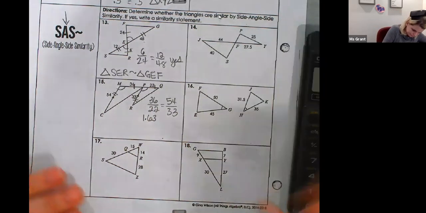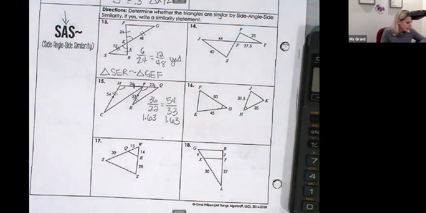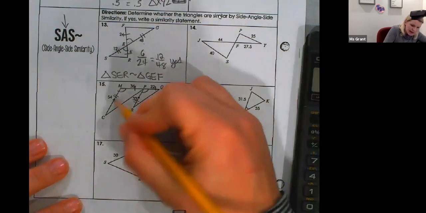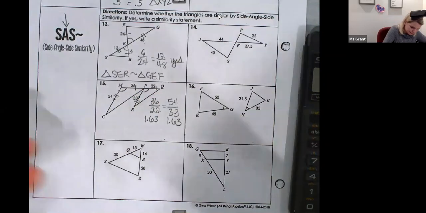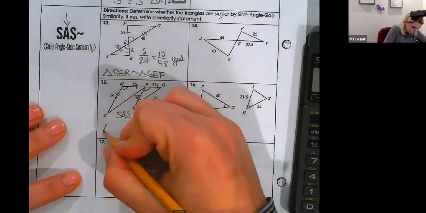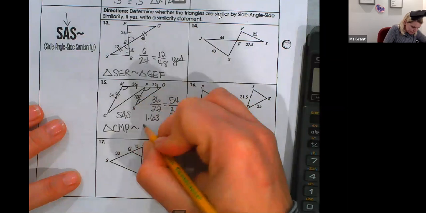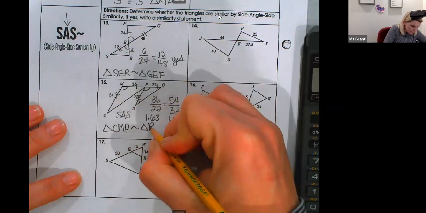Yes. Awesome. Yes, side, angle, side. The angle is in the middle of the two sides. Triangle CMP is similar to triangle RPQ.